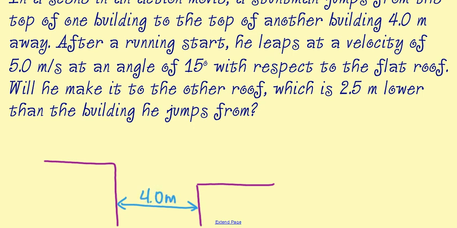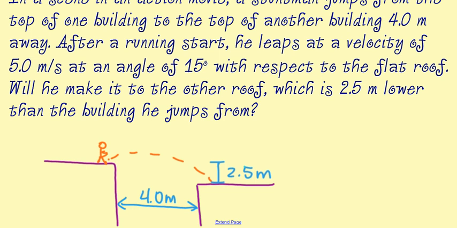I know that the height difference, we'll mark that like so, is equal to 2.5 meters. Lastly, I know that our man is located at the top of this roof and is jumping like so.